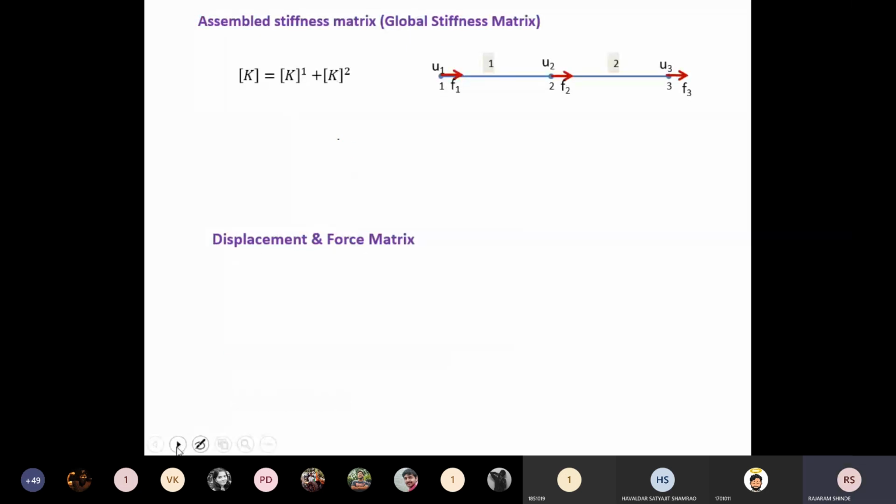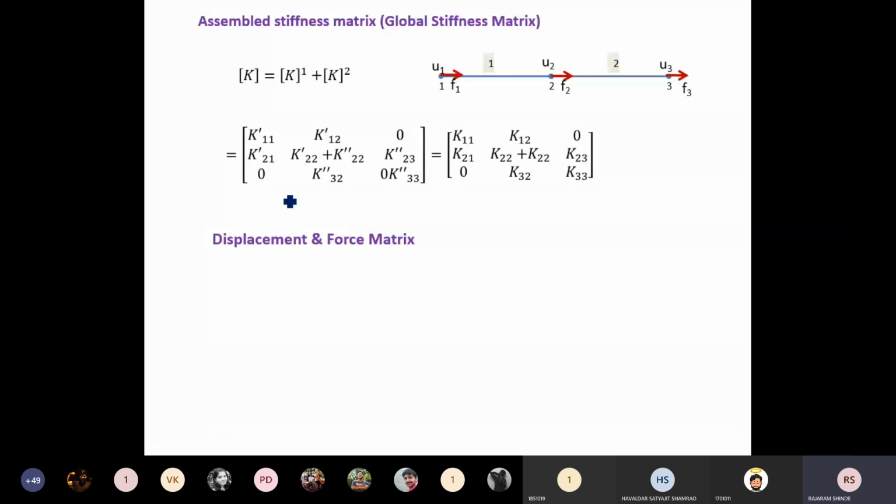You see this one, K1 plus K2: it is K11 dash, K12 dash, K21 dash, K22 dash, K22 double dash, which corresponds to element number 2, K23 double dash, K32 double dash, K33 double dash. And you will get this as a stiffness matrix.